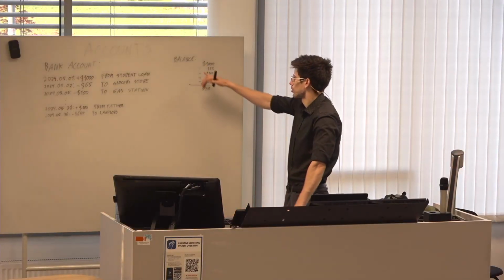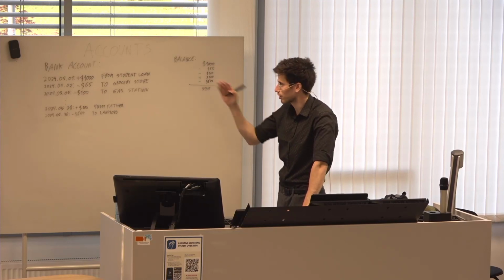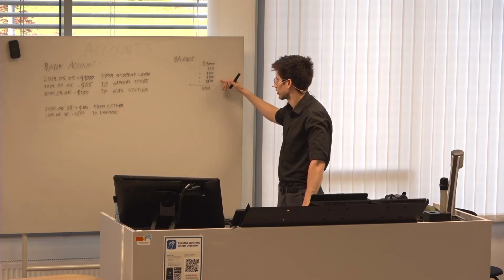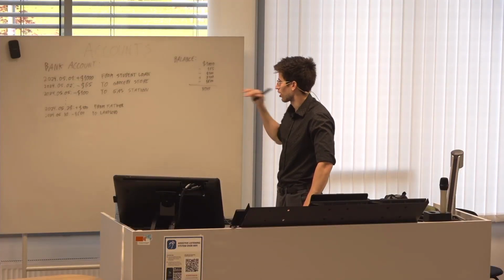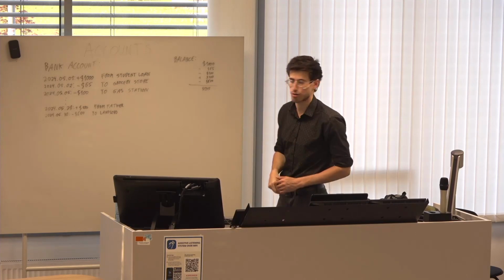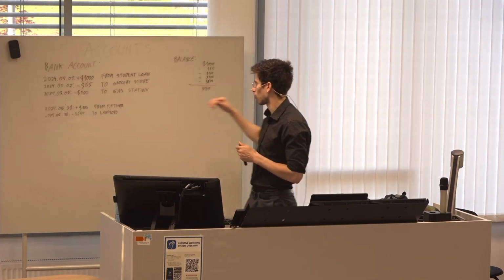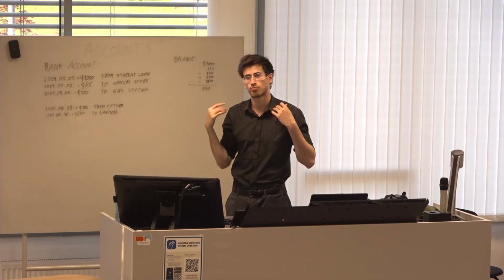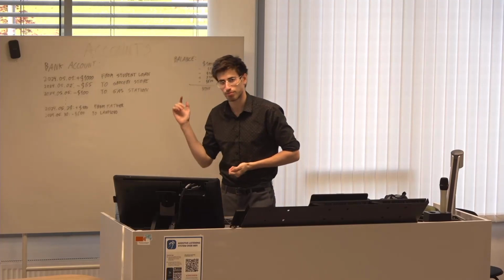And if we want to calculate the balance, the total amount of money that is left in the bank account, we subtract and add the money received, and we see that it has $135. So in accounting terms, we would call this one entry, a single entry bookkeeping.